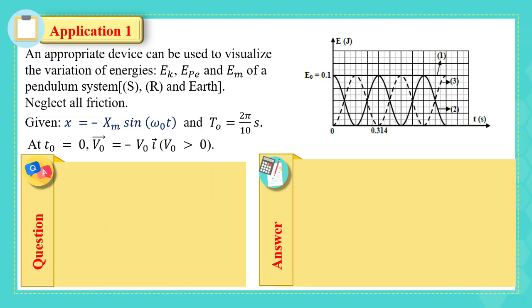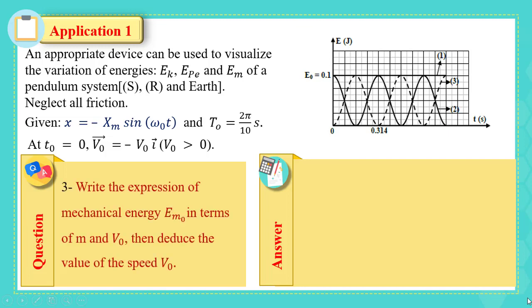Part 3: write the expression of the mechanical energy EM0 in terms of m and v0, then deduce the value of the speed v0. To solve this part, just start with the expression of the mechanical energy at t0. The mechanical energy EM0 is E0 from the graph, and at the same time, its expression is half m v0 squared plus half k x0 squared.